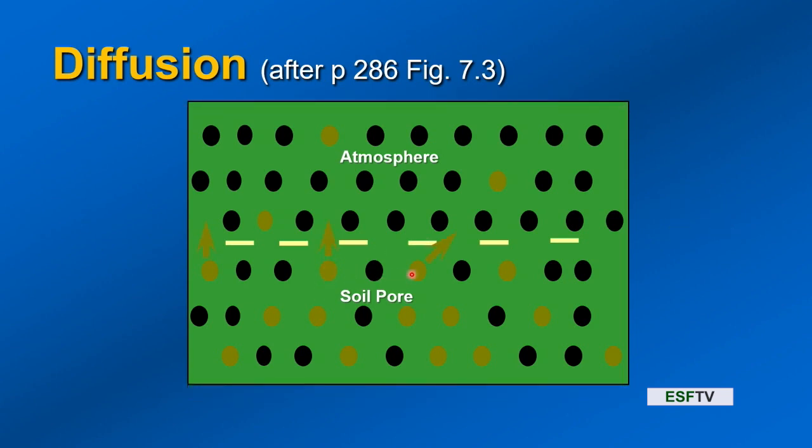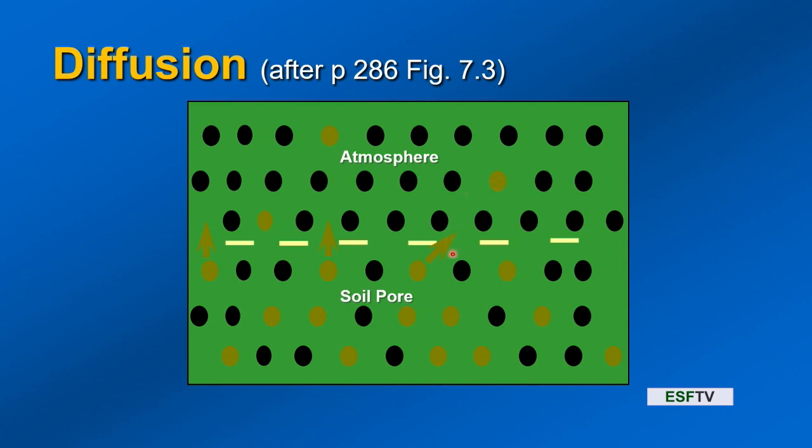In the soil, the concentration of CO2 is higher than in the atmosphere, represented by these yellowish dots. The gradient is from high concentration to low concentration. So CO2 tends to move from the soil to the atmosphere by diffusion.